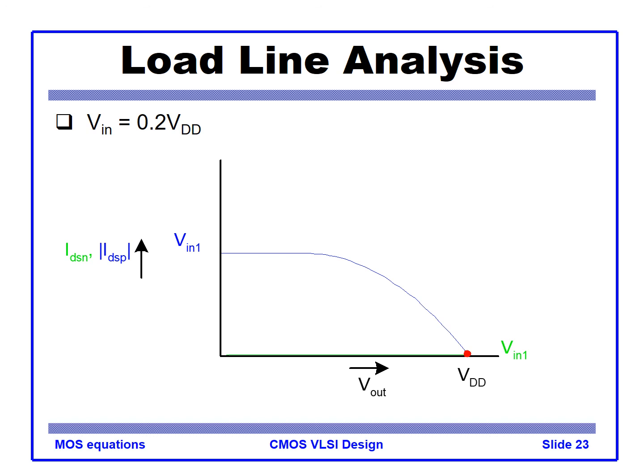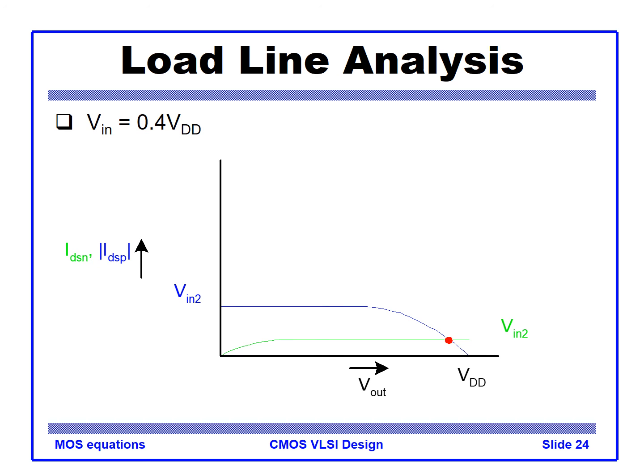Now if we increase the input voltage, what happens? The NMOS is not yet turned on, but VSG of the PMOS is reduced because the input voltage goes up, so the current will go down like this. The NMOS current doesn't flow because this level is not greater than the VTH of the NMOS.